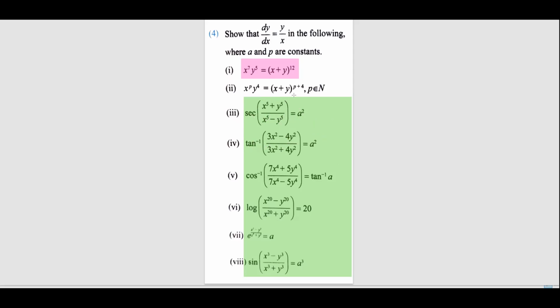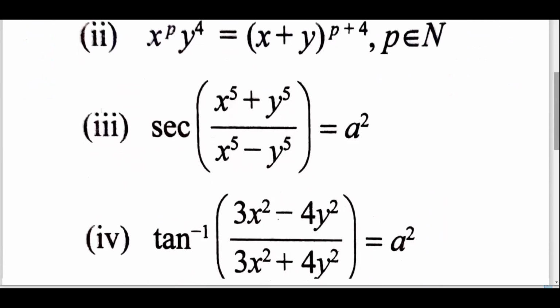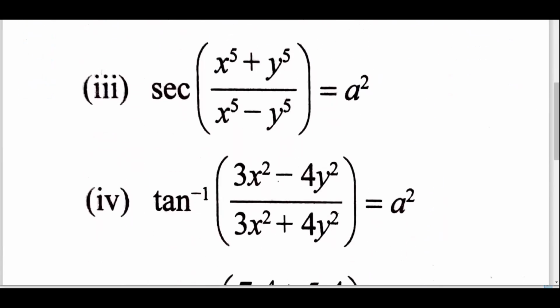Let me just enlarge this, so that it will make you understand much better. Look at the third and fourth.